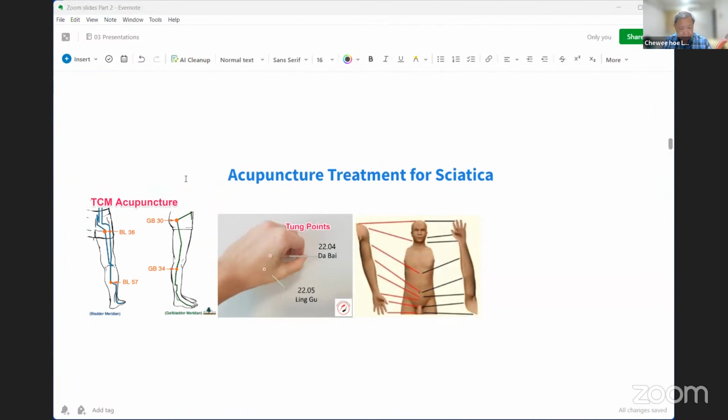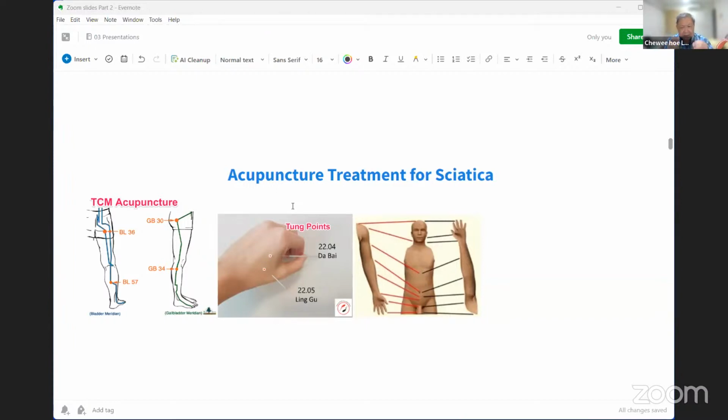So just in case you're lost, don't be lost. Now we are talking about imaging correspondence, which means the theory, the principles behind the choice of Tung points. Now you're looking at 2204, 2205, the top combination point of the Tung system.